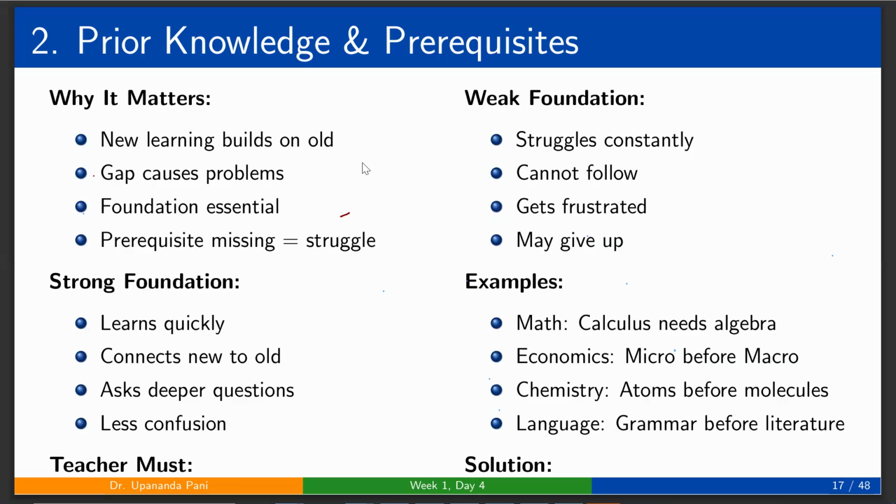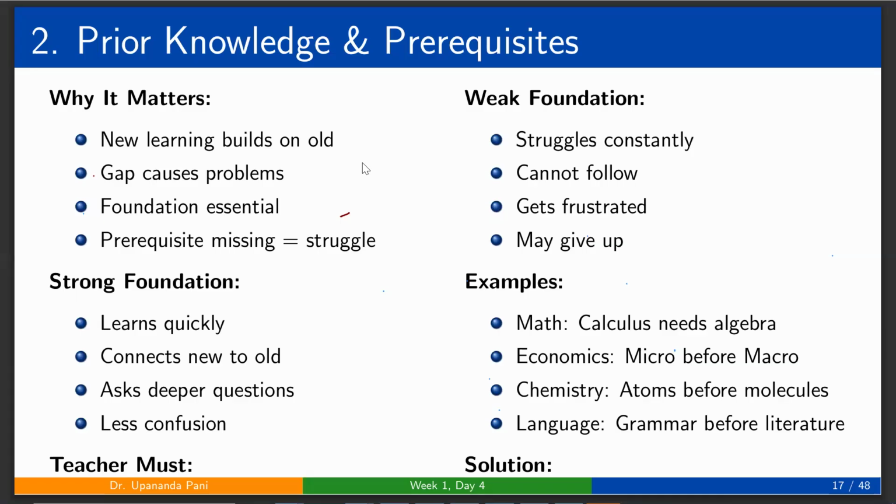If a learner has a weak foundation, he or she will struggle constantly. He cannot follow, will get frustrated, and may give up.